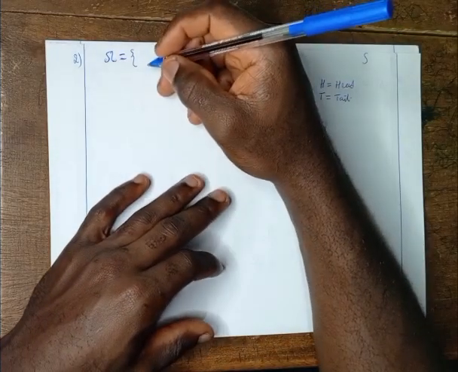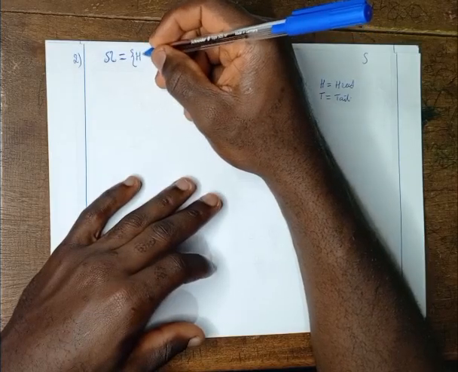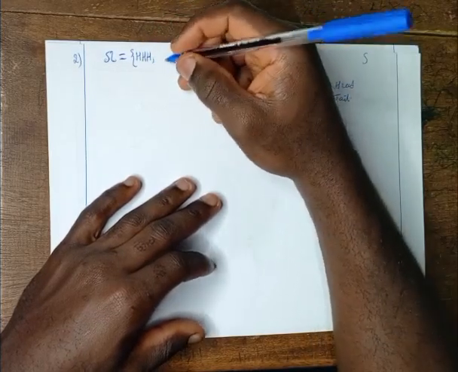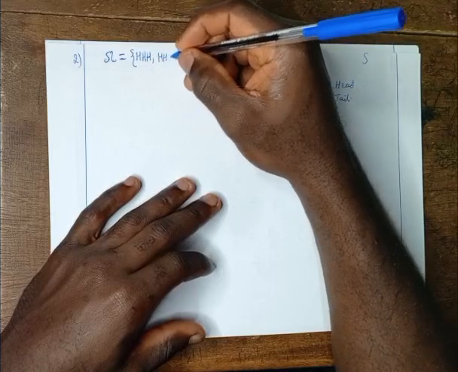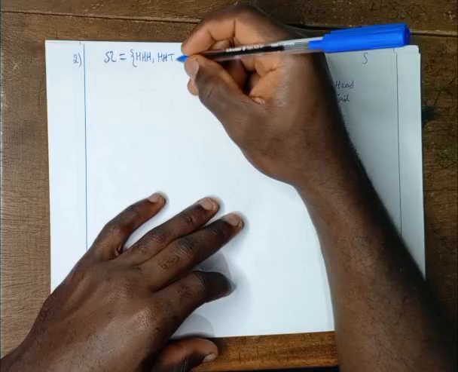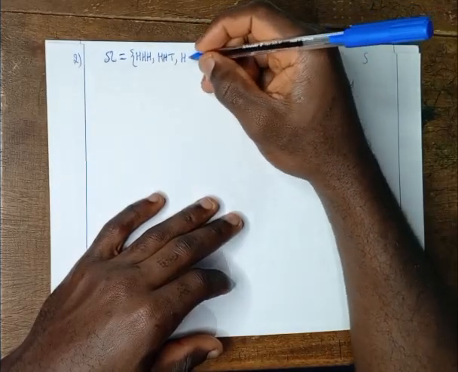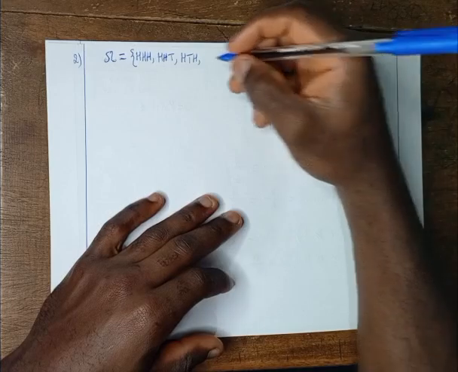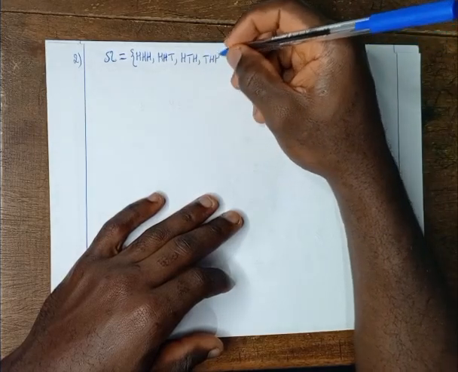Now, when it is tossed thrice, you can either have a head, head, head. You can have 3 heads. It is possible. You can have head, head, tail. You can have 2 heads and a tail. We can have head, tail, head. It is possible. We can have tail, head, head.